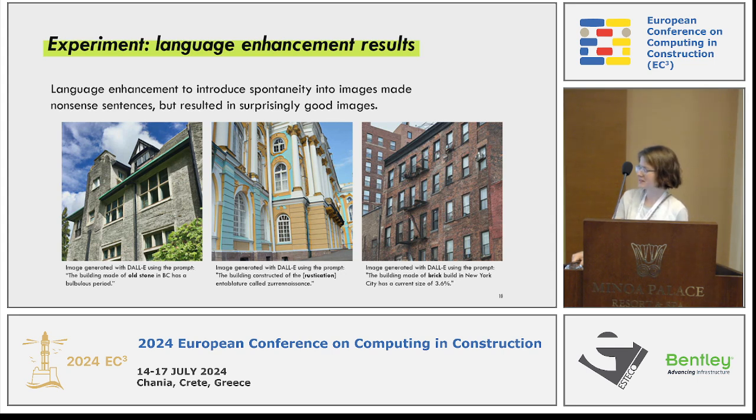The first sentence says, "The building made of old stone in BC has a bulbous period." The second, "The building constructed of the entablature called the Renaissance." And the third says, "The building made of brick built in New York City has a current size of 3.6%." So these prompts are very silly, but they made some nice images, so I was happy with that.